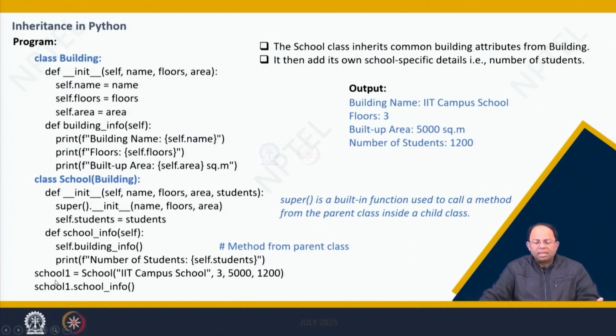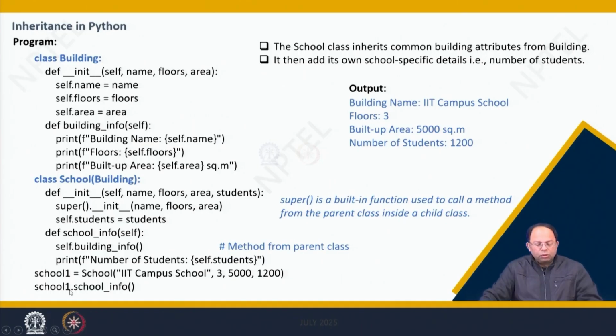Now we actually start the program, which says school1 equal to, we are creating an object of type school, where we are passing the arguments: the name IIT campus school, floors is 3, area is 5000, and student is 1200.